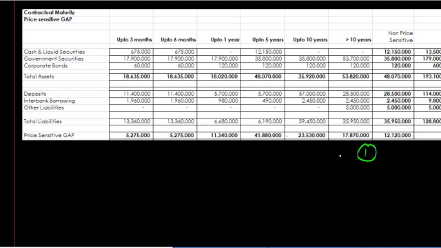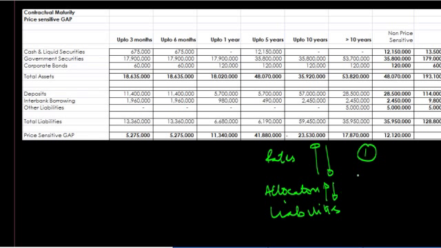The first question is, based on a movement in interest rates, and the allocation that I have made on my balance sheet across assets and liabilities, what is the amount that I would lose in terms of shareholder value? And what is the change in my net interest income?